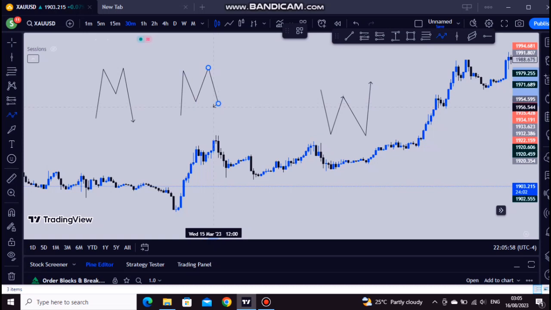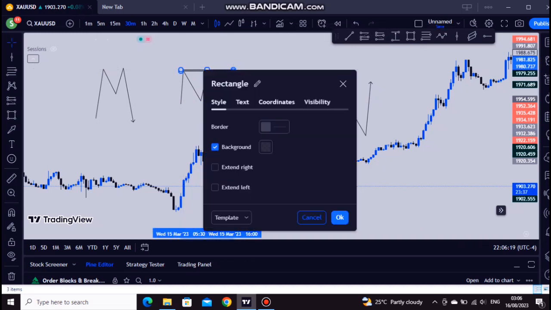So how can we catch this move once it breaks out to the downside? The way we're going to wait for it is that we make sure we mark out our support area and the resistance area at the top, alright? Let's say this is our support area.